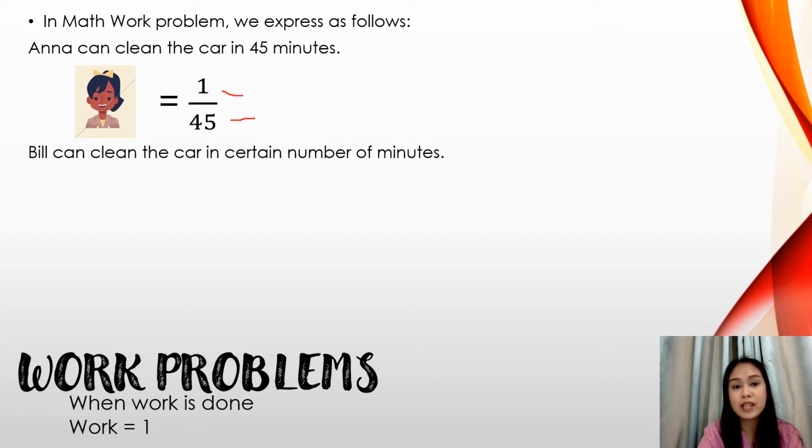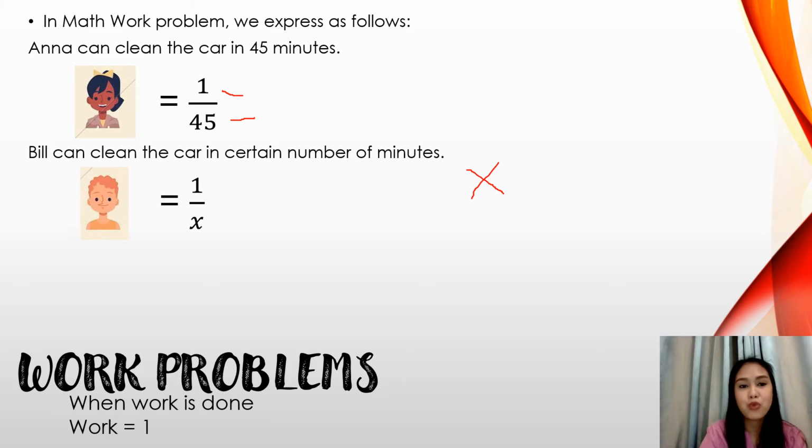So we can represent the number of minutes that he cleaned the car as x. Where are we going to put that? That would be in the denominator. That's why we have 1 over x. Since we do not know how many minutes Bill took to clean the car, that would be represented as x.